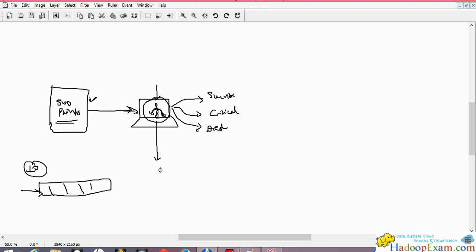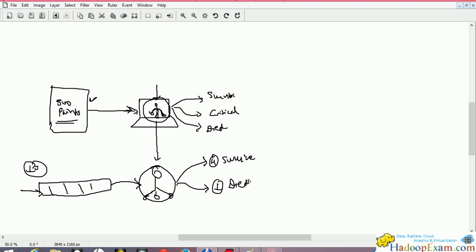It has been trained by the 500 patients' data, and now it will tell that out of 10, 4 will survive, 1 would die, and 5 are in a critical situation.